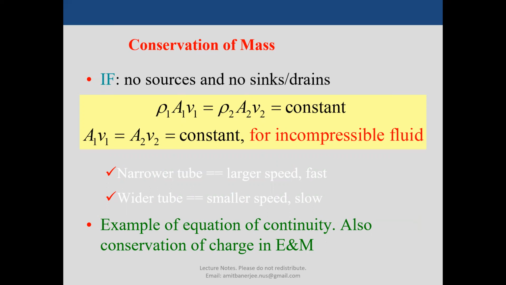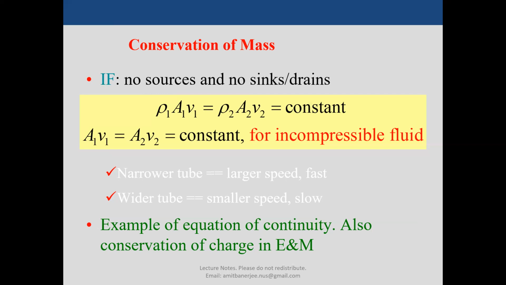In the case of an incompressible liquid, where rho 1 and rho 2 are the same, the density remains the same. So A1 V1 is equal to A2 V2, and that remains constant, which means in a narrower tube the speed becomes faster. The moment you narrow the tube, the fluid speed becomes larger.